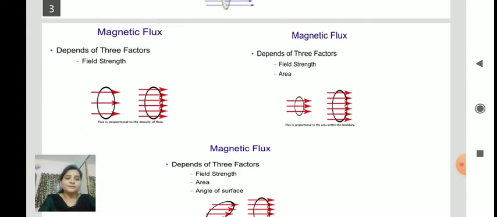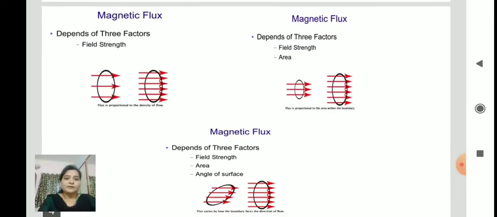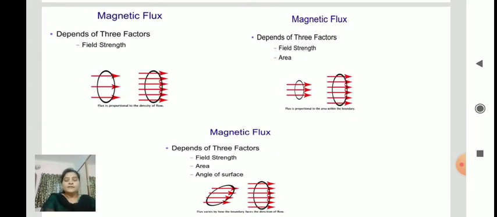Magnetic flux depends on three factors. As shown in these figures, magnetic flux depends on the field strength, the area of the boundary, and the angle of the surface.